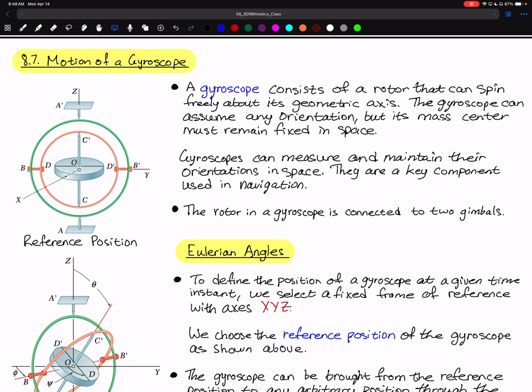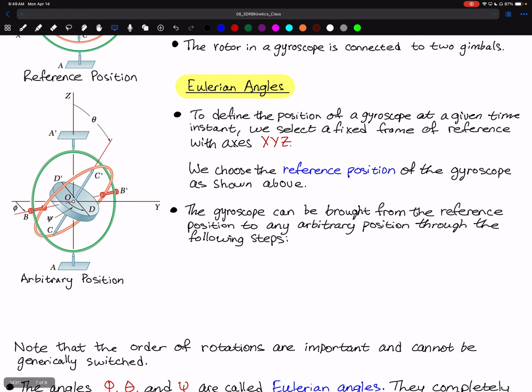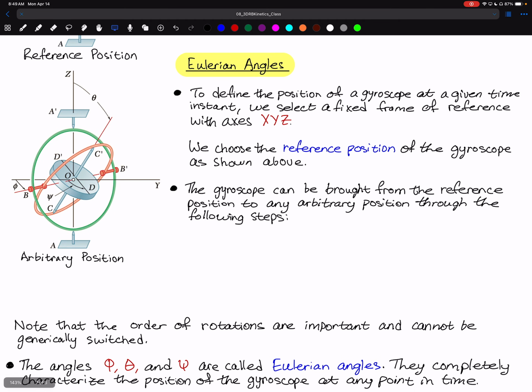As shown here, this rotor is connected to what are known as 2 gimbals. The green and orange components are the gimbals. This top image to the left, we're going to call our reference position, so that is a 0, 0, 0 orientation. Now we're going to go through what we call Eulerian angles, and we're going to define the position of our gyroscope at any given time instant.